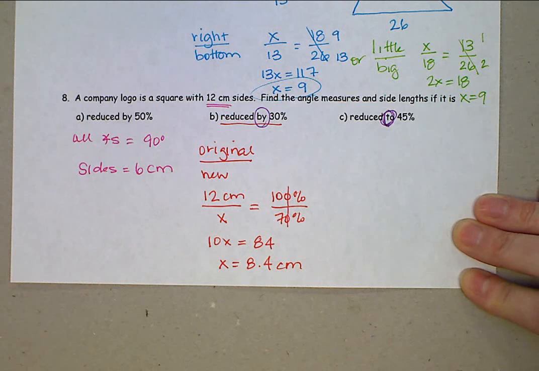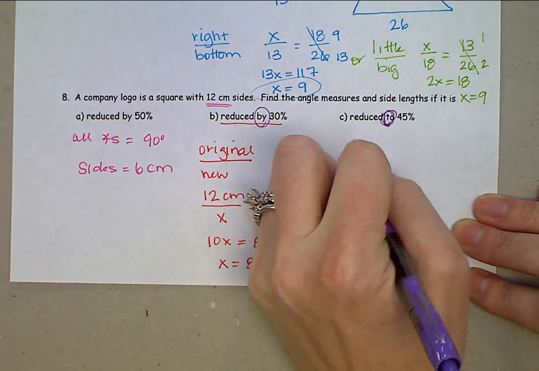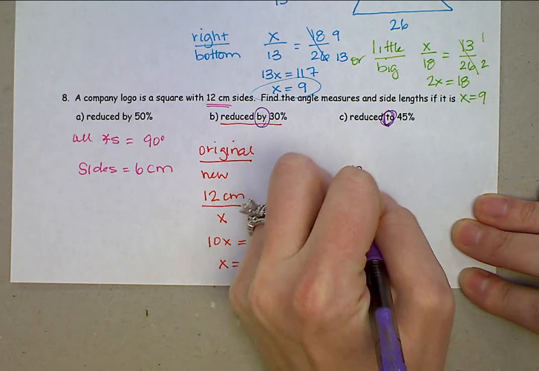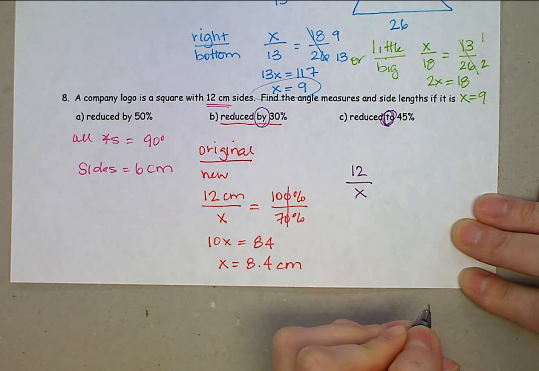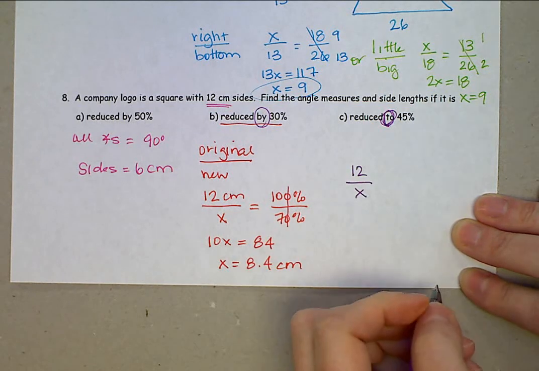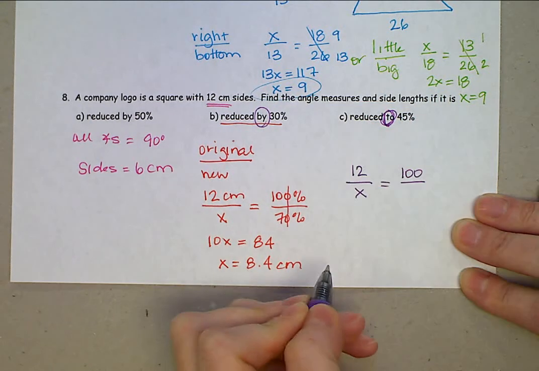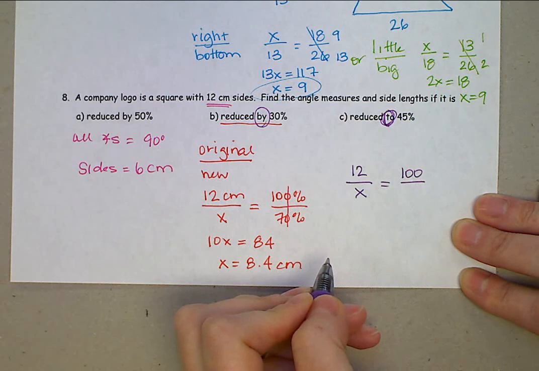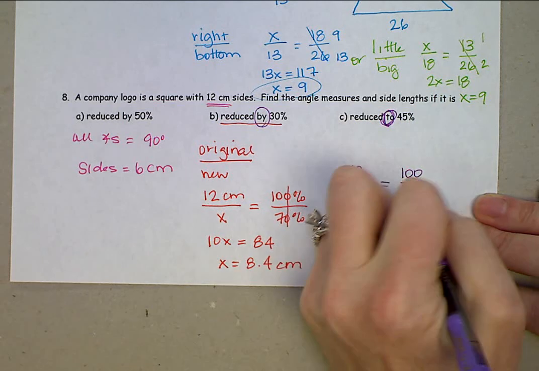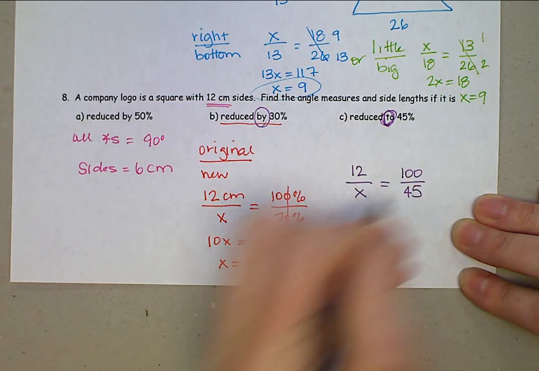So again, let's do original over new, which means that we have 12 for the original side length over our x, because we're still trying to find the new side length. Okay, and then we knew it was 100% to begin with in the original, and now the new percentage is 45. It's saying it's reducing it to that certain percent.